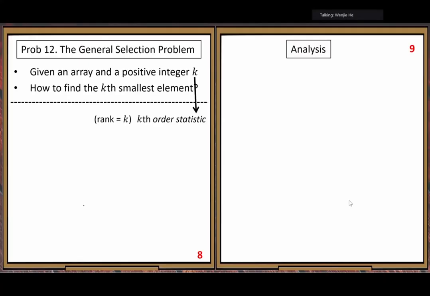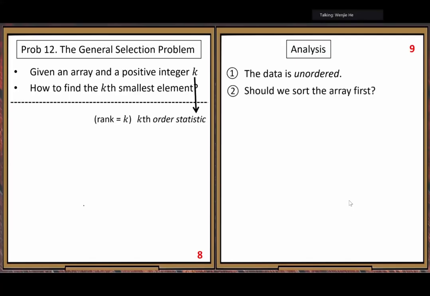Now let's do some analysis for this general problem. First, the data is unordered. The given array, we assume it is unordered.